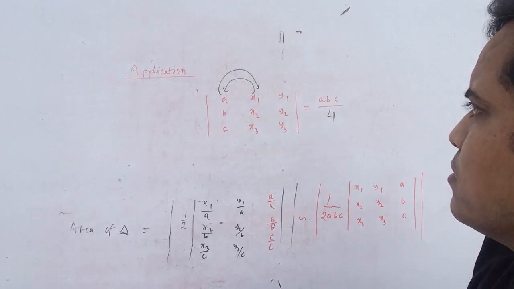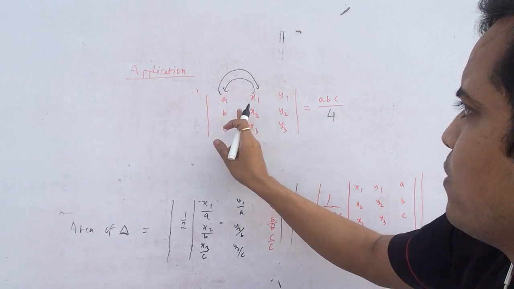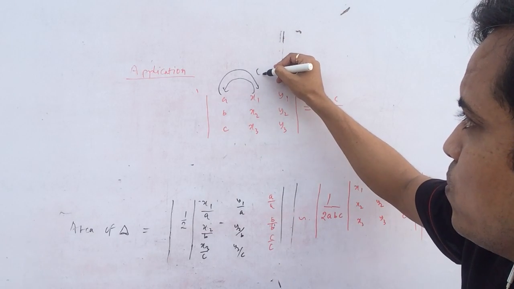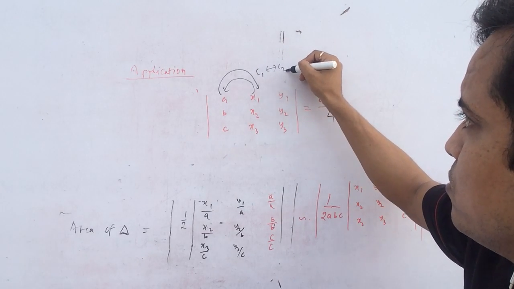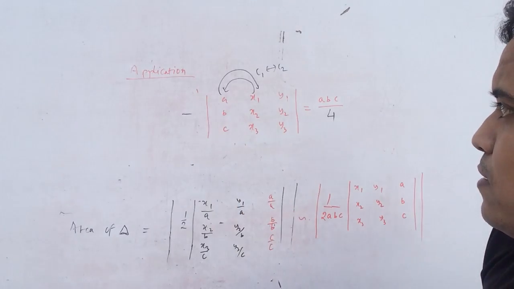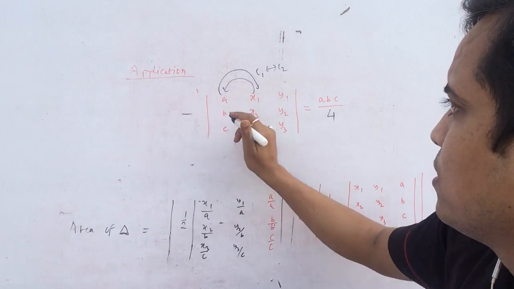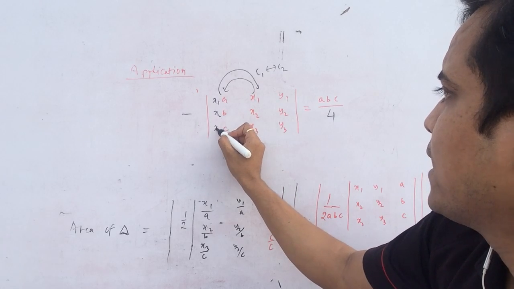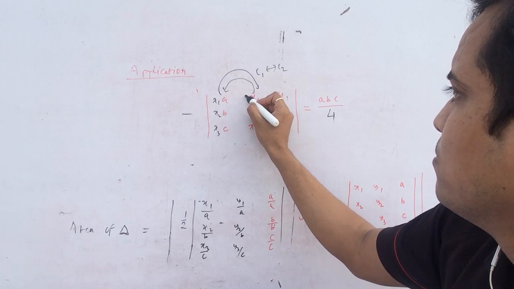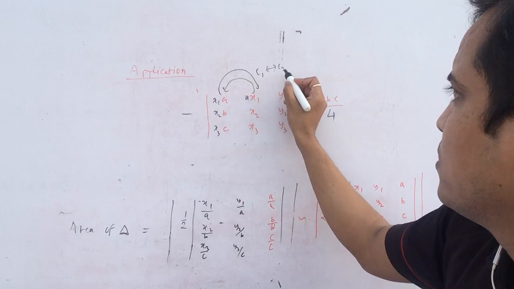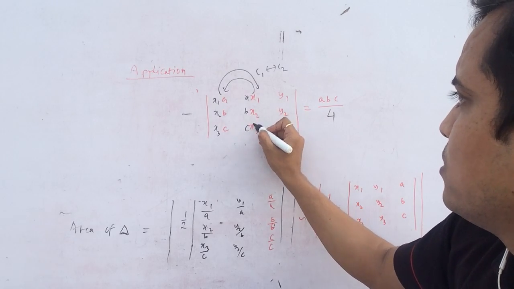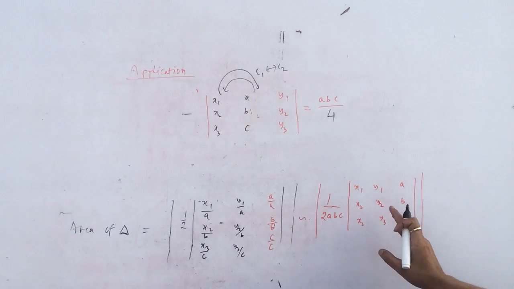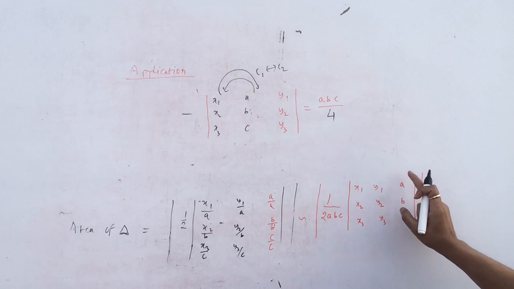When you move it, when you apply C1 interchange C2, you'll get a minus sign. So here you'll get x1 x2 x3, and at the place of column 2, A B C. Now in the third column you need what?